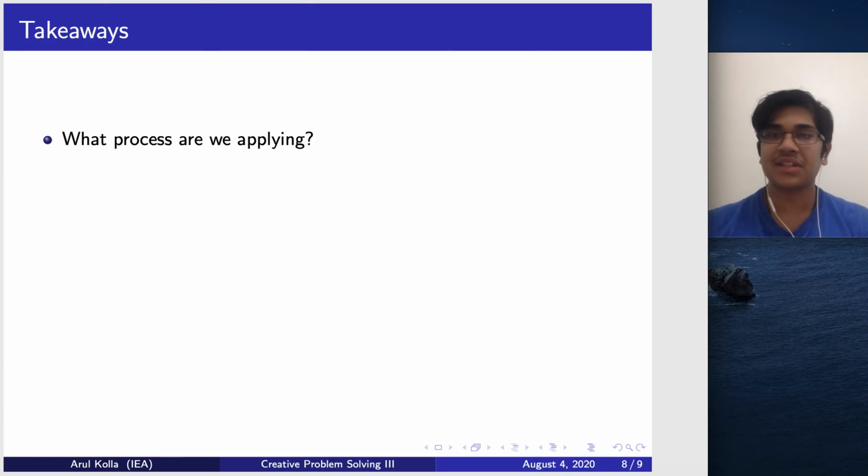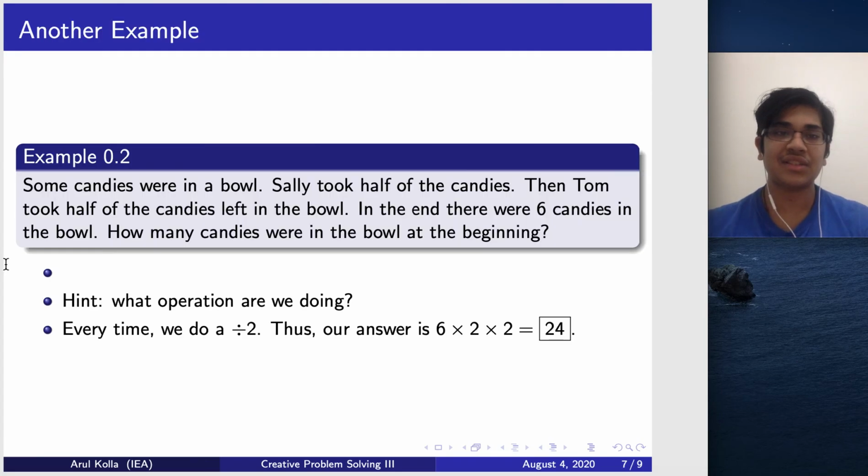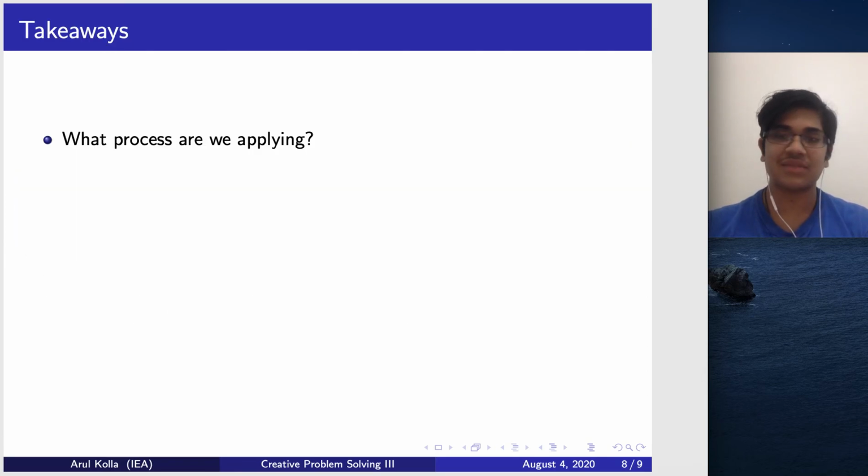So here are some takeaways from this lesson. What process are we applying is a good question to think about when you're solving these working backwards type problems, right? What sort of thing are we doing to get the answer? And remember, I talked about the 3 parts again here. Beginning, process, ending. So what is the process we're applying?